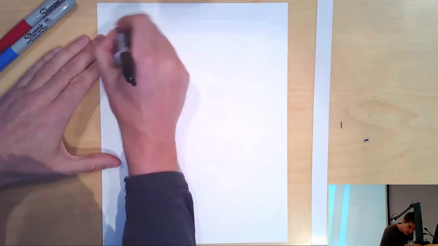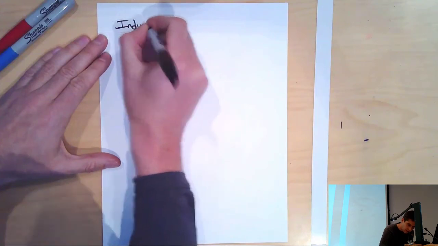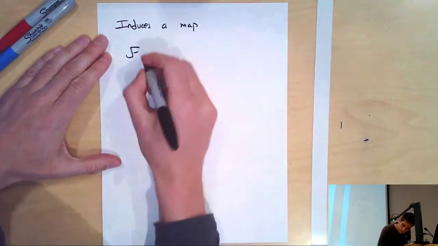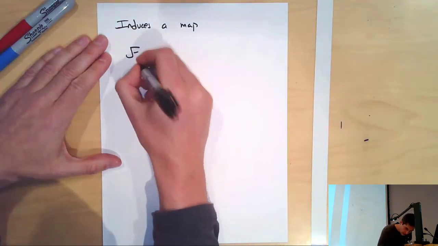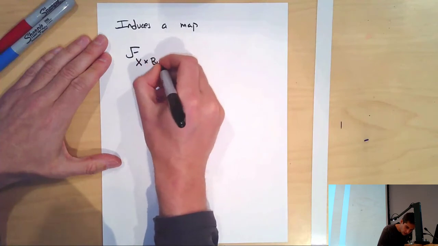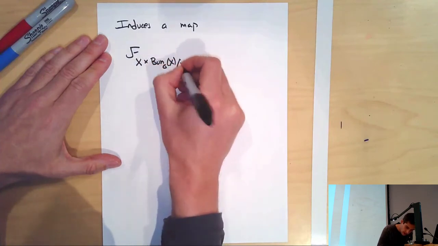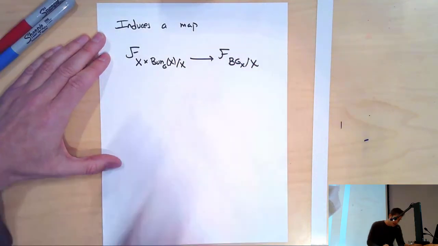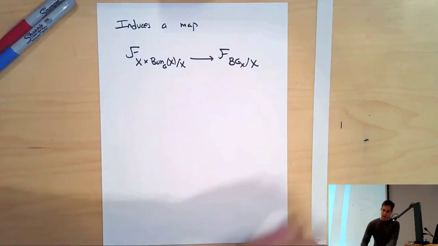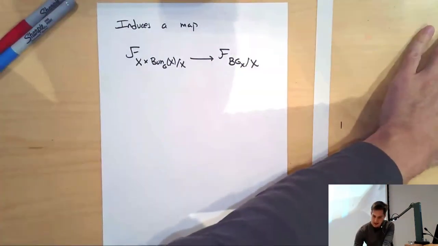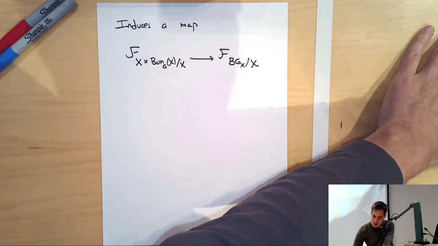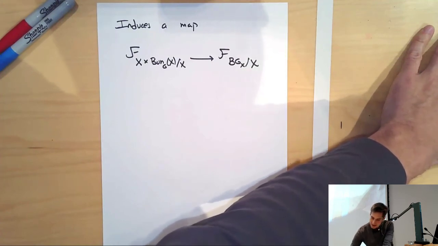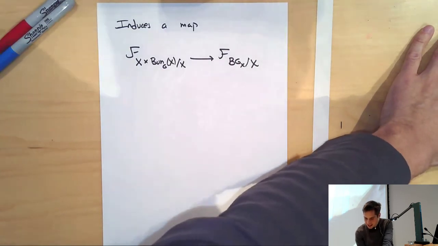So this induces a map from the sheaf that I want to associate to X cross Bun_G,X over X to F of BG_x relative to X. On the other hand, I have a pullback square which tells me how to describe this sheaf F of X cross Bun_G relative to X. Sorry, I was told not to do this, but I apologize to people on the internet.